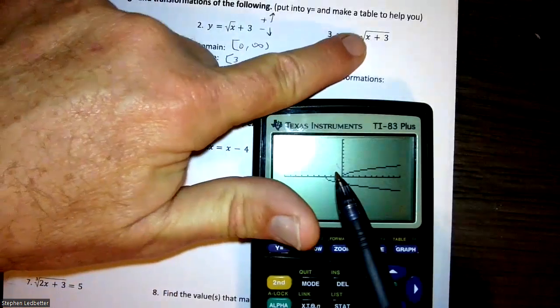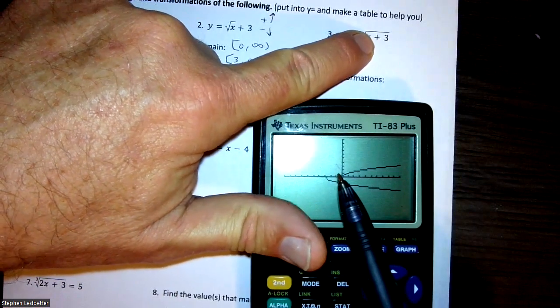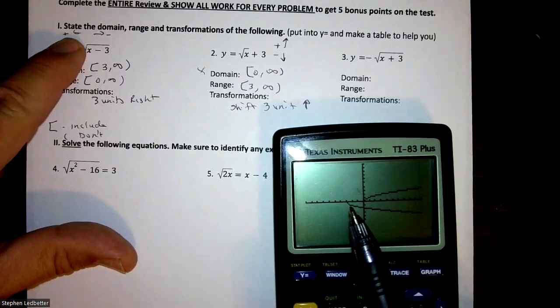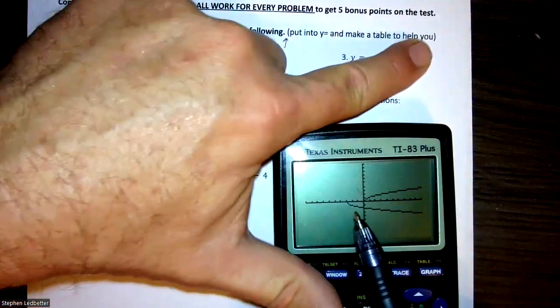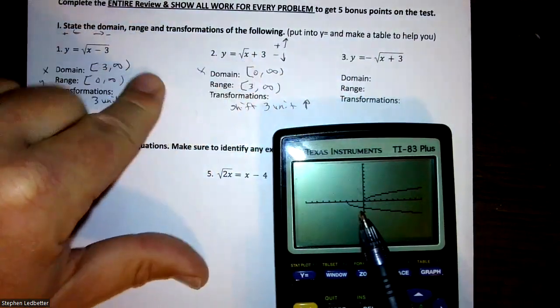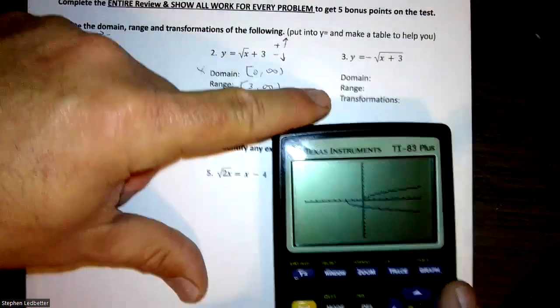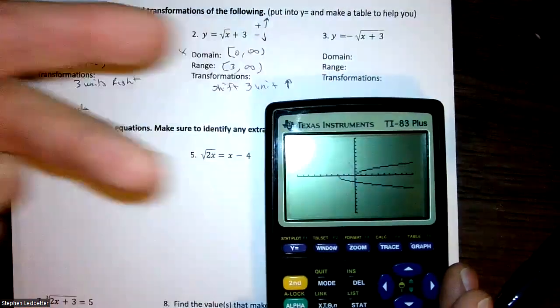Okay, look, remember that's a positive. So remember what's inside is going to make it go left or right. Since that's a positive, like we said over here, it goes to the left. If this was a negative inside, it would go that way, like it did here. See, it was negative and it went that way. So this one's going to do two things. It's going to flip and then shift over.